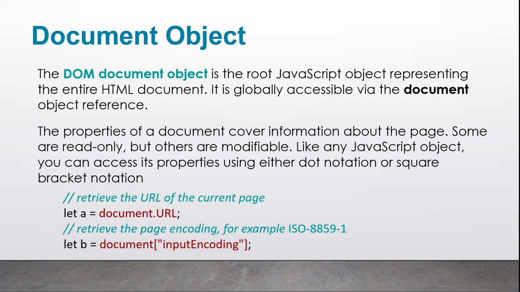And the way that you do that is that you put document dot whatever the property is, or using your square bracket notation, document left square bracket, you got to use quotation marks, whatever property you're referencing, and then end your quotation and your square brackets. That's all this slide is saying.